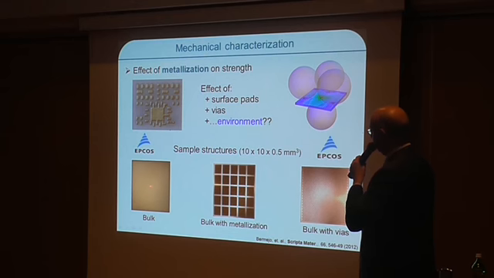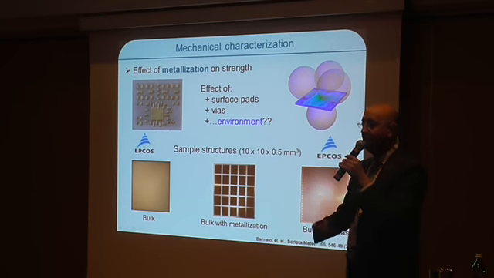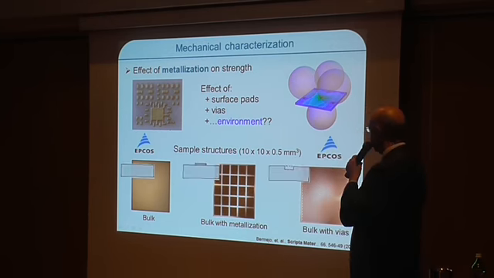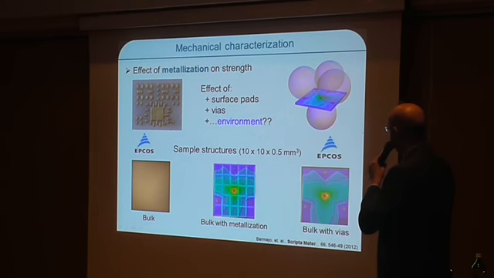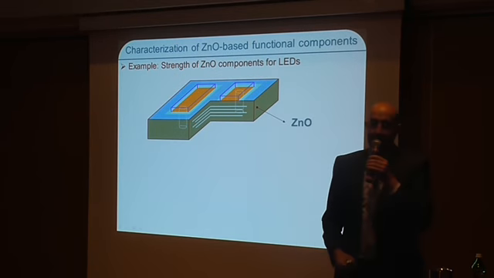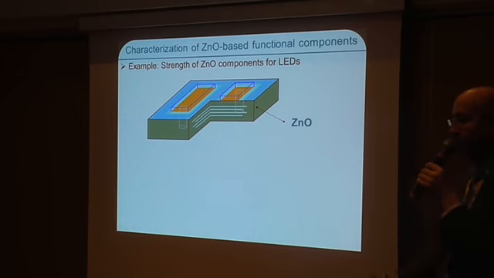In some cases we create very simple structures to learn the effect of metallization and other things. In this example we just have some vias or metallization on the top, and we could see very dramatic differences.